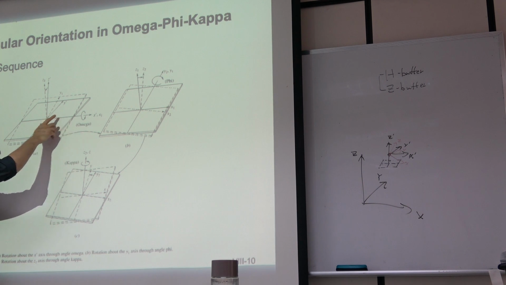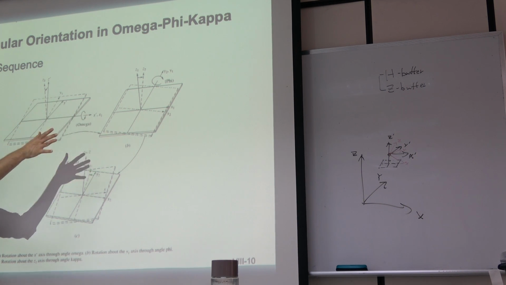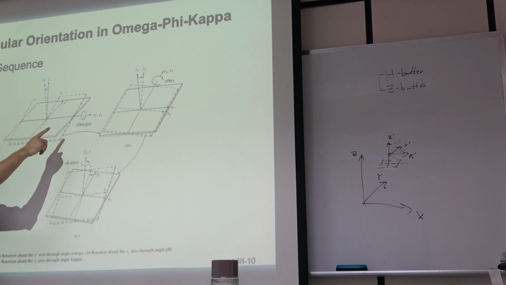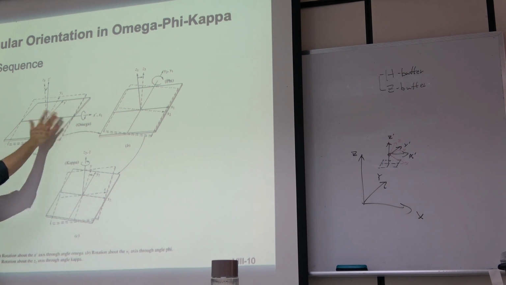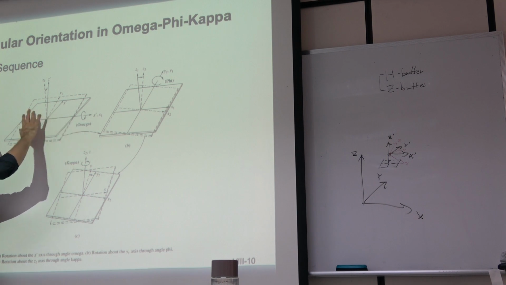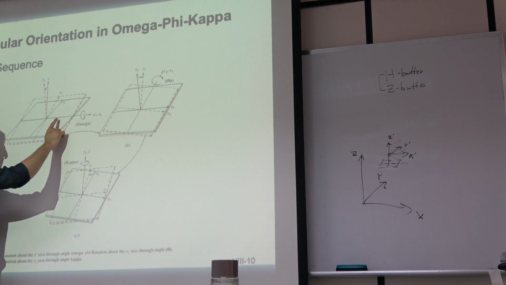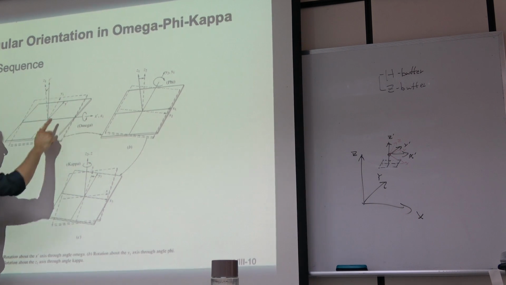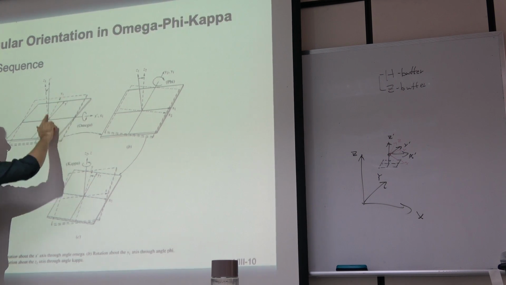As you can see here, the dashed one, the image plane, is x1, y1, and z1, which indicates the coordinate system after you rotate omega. Originally these three axes are x plane, y plane, and z plane, and the new ones are x1, y1, and z1.